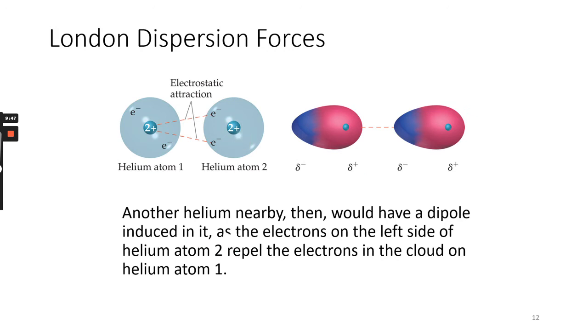What happens if another helium is nearby? Then, if it came close to it, they would have a dipole induced in it. Because the side is mostly positive, the electrons are going to want to come over here. So you're going to induce a dipole in the second helium. And then at that instant, these two heliums will be attracted to each other.